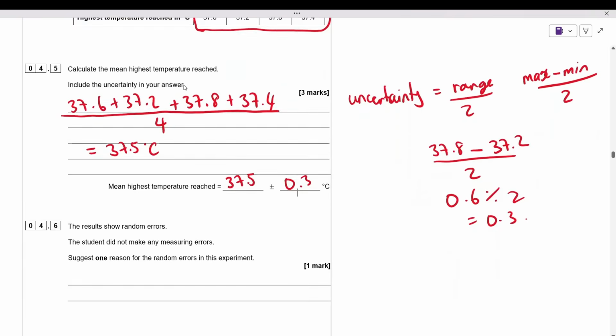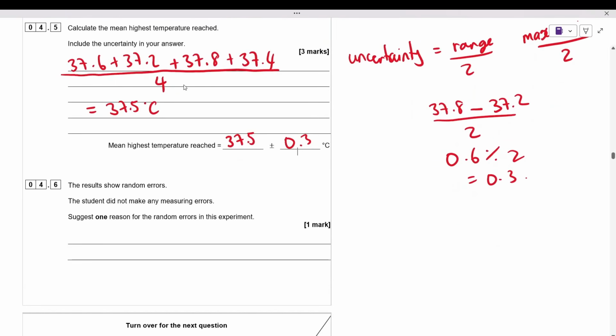Now for 4.6, the result shows random errors. The student did not make any measuring errors. So give just one reason that a random error could happen in this experiment. And for your random errors, these are things that just happen. As it says, it's random.